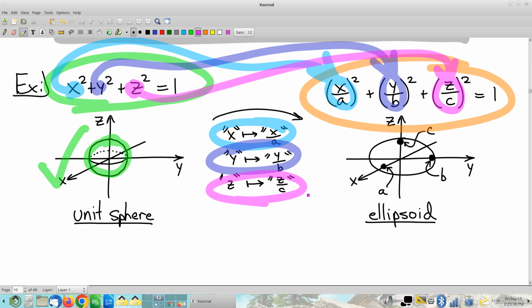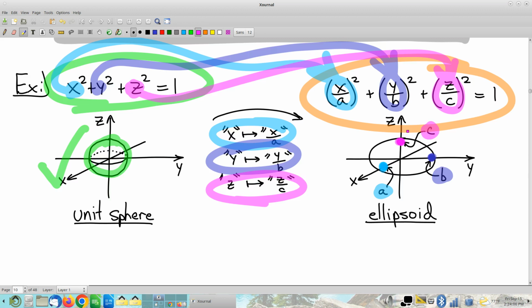The act of replacing x with x over a, what's the opposite of dividing by a? Well, multiplying by a. So this algebraic replacement, replacing x with x over a, is going to stretch by a factor of a in the x direction, and likewise the b at that point, and the c at that point.